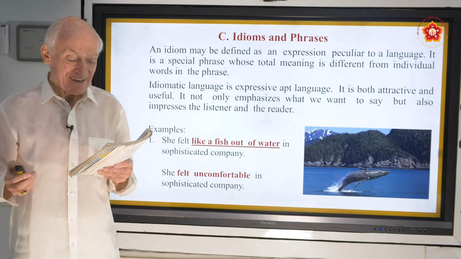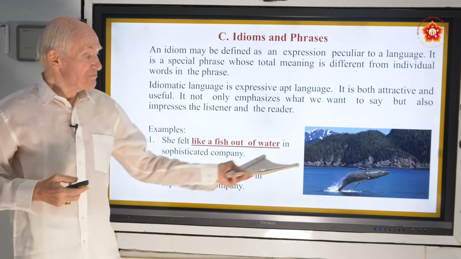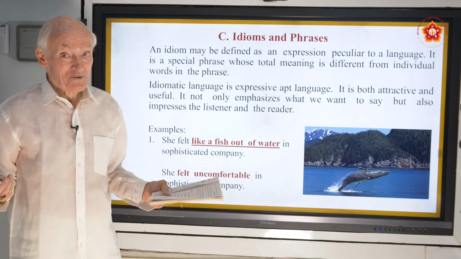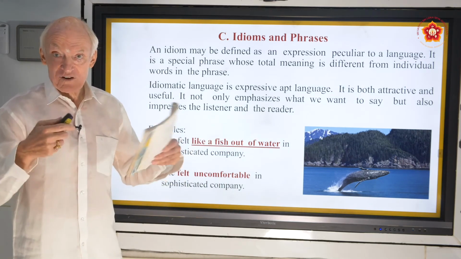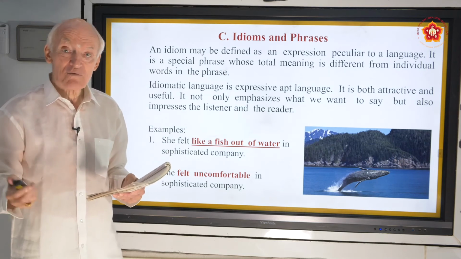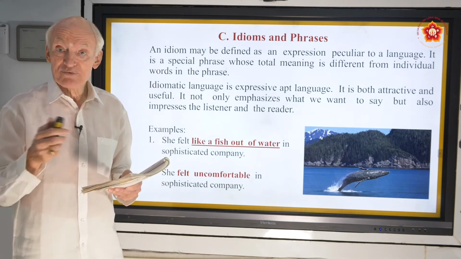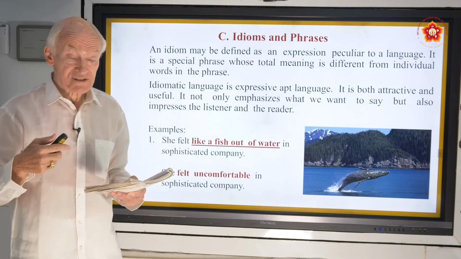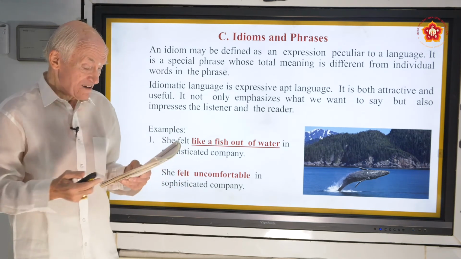Example. Okay, we have a fish here, a big fish, okay, and he's jumped out of the water. But he doesn't want to stay out of the water. We've all seen fish that are caught, okay, and they're flopping around outside. They want to get back in the water because they can't breathe normal air like we breathe. They can only breathe through the water, through their gills. So here's a fish out of water.